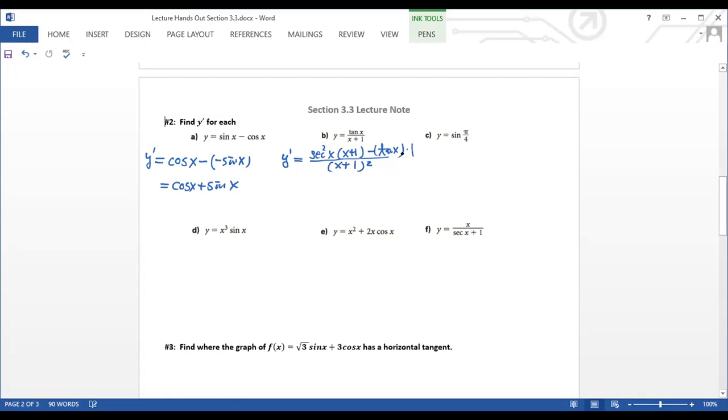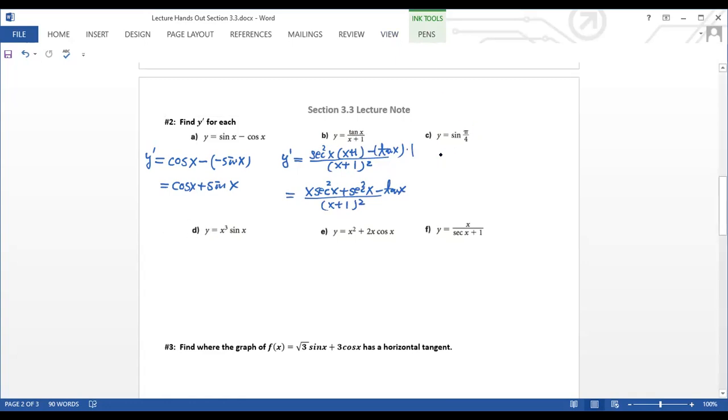What is the derivative of the bottom? It will be 1. So your answer is here. If you want to combine it, you can do that. So it's over x plus 1 squared, with x secant squared x plus secant squared x minus tangent x in the numerator. So that will be the answer.